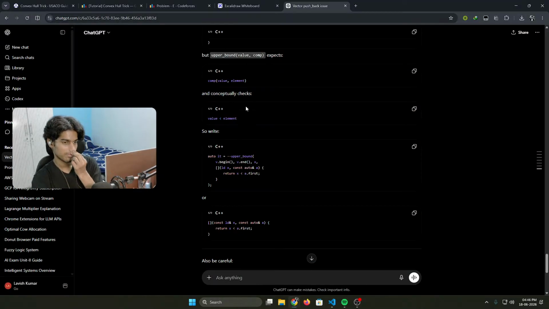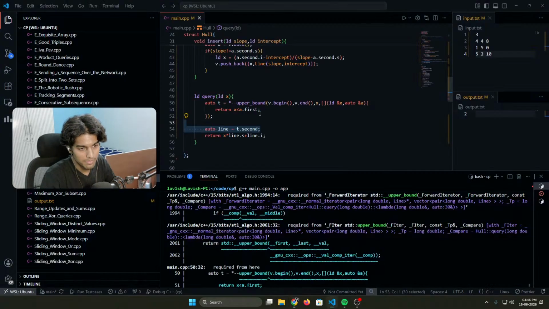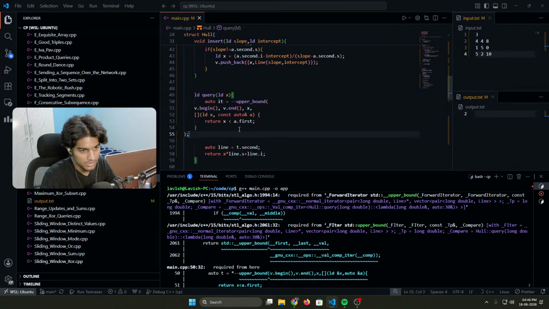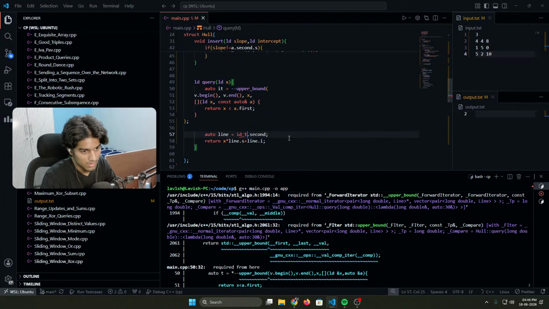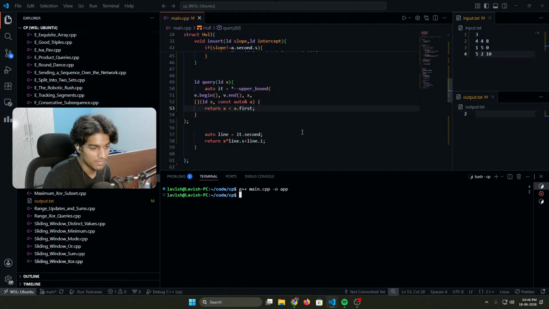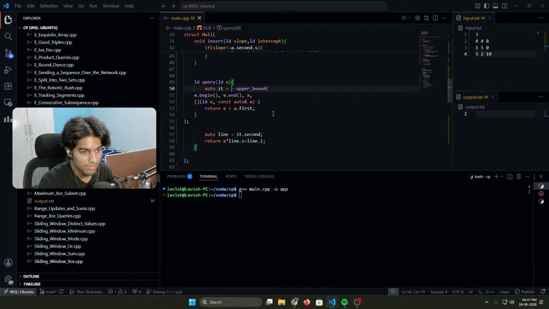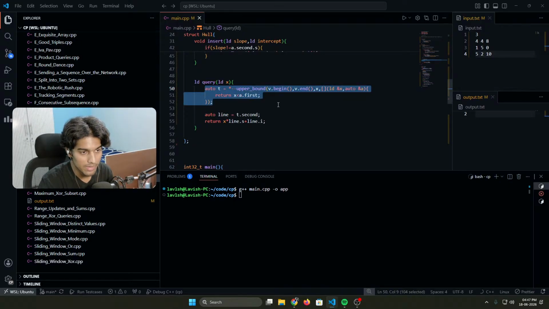Um. Okay, so it should be written like in this format. Let me just copy paste. The fuck? It worked. But what was the difference? It was the same thing.